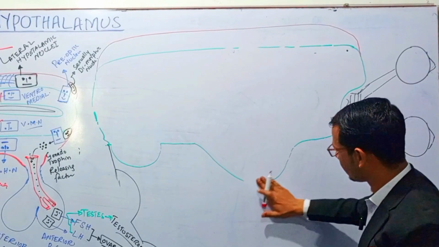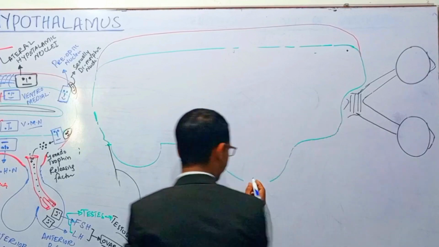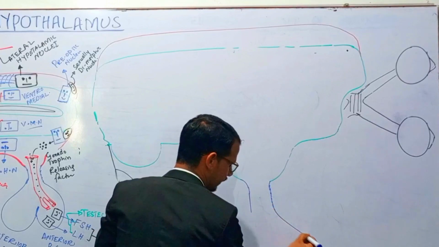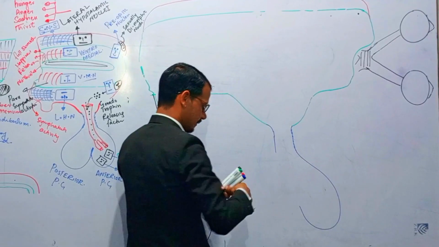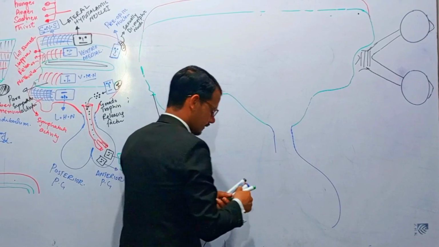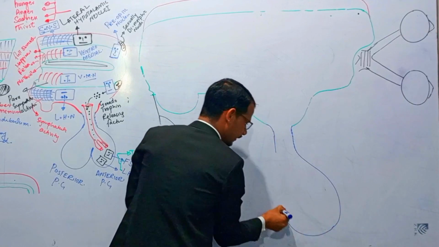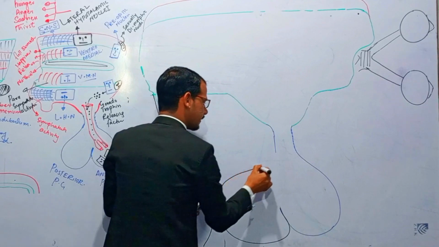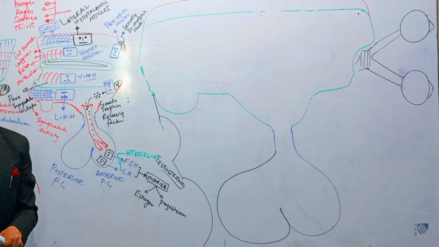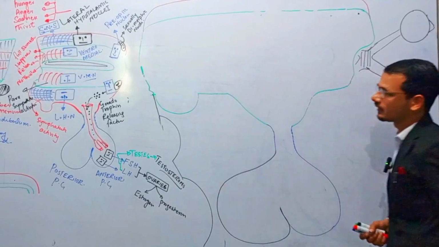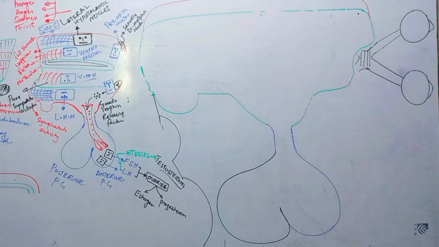Here is the tuber cinereum, after the tuber cinereum we have the pituitary stalk, and this is the anterior lobe of the pituitary gland, and this is the posterior pituitary gland. Right? Now, this medial side of the hypothalamus is divided into four regions.